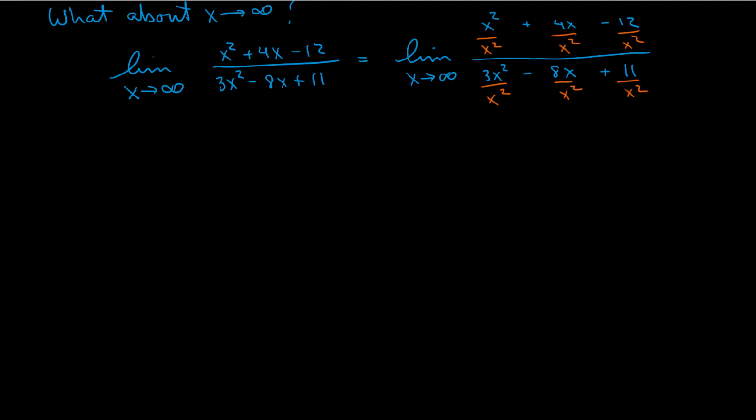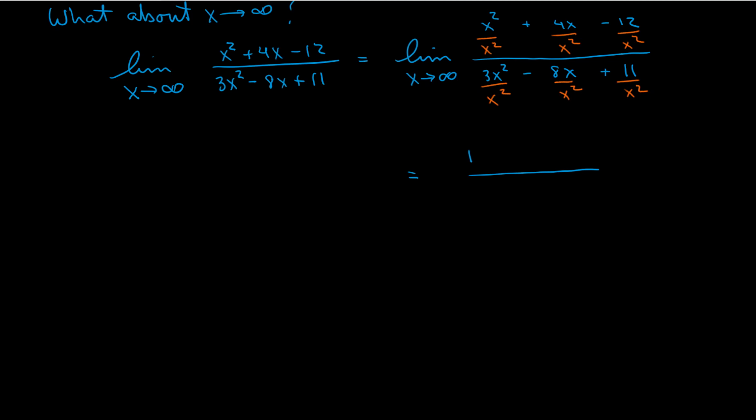Where does that get us? Well, we can think about what would happen as the x values get really big. Our first term is x squared over x squared. Well, that's just going to be 1.